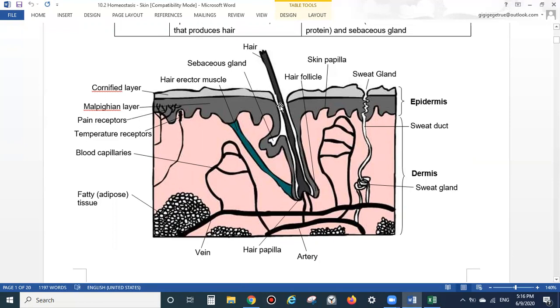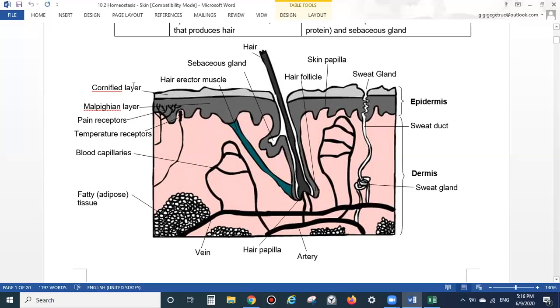Okay, so people like to pluck or pull out the small hairs. When they pull the small hairs, they will affect the sebaceous gland. The sebaceous gland will secrete less oil in this case. So take note, hair follicle, hair sebaceous gland, and hair erector muscle, they are one set.